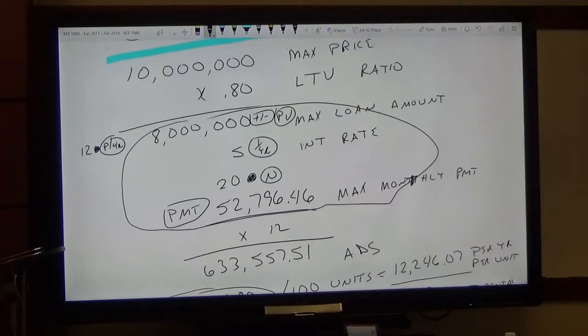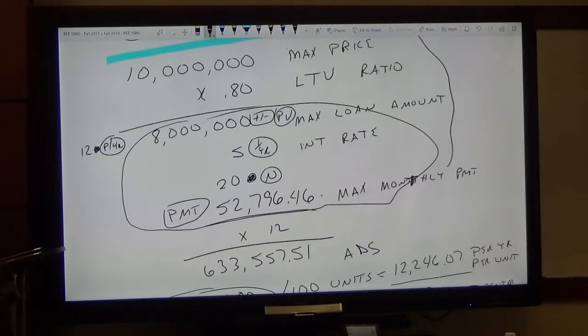So if I go back to this original loan, the $8 million. All right. And I put in all the information as is. $8 million, 5% interest rate, 20-year term, solve for the payment, okay, and I get that number. All right. Now the next steps, as I said, I'm going to go into much more detail later, like next week.